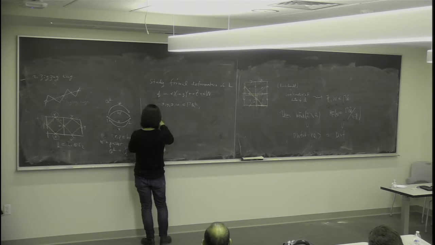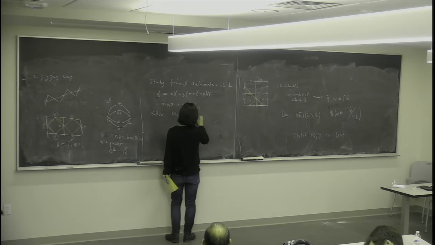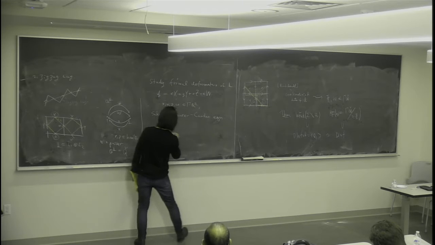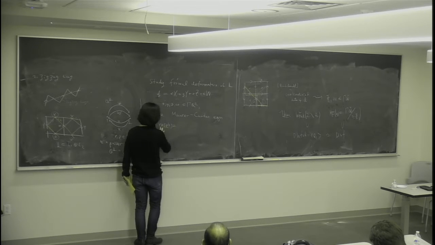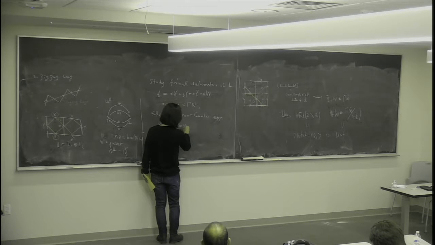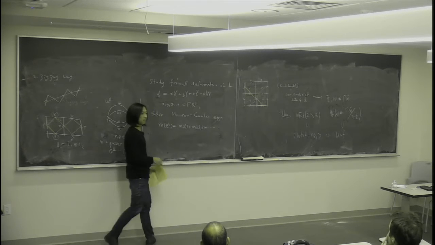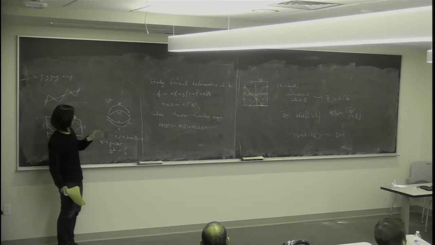So what do I mean by formal deformation here? You solve the Maurer-Cartan equation, which is m_1(b) plus m_2(b,b), this is the notation. And you want this to be usually 0 when you study the usual deformation theory.